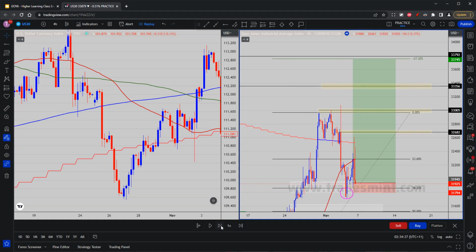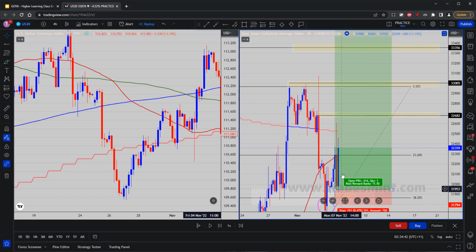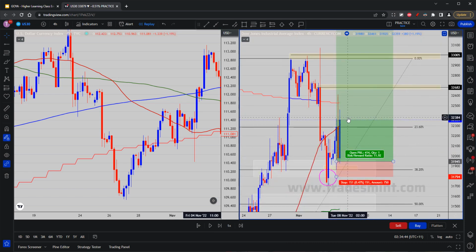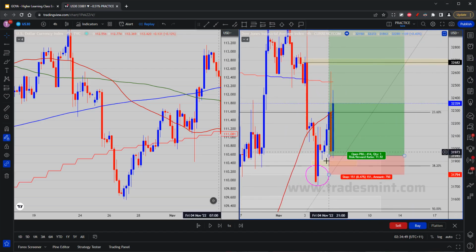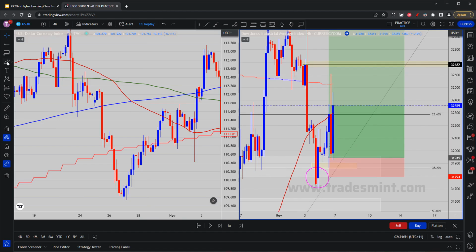So price comes back to the 61 to our entry point. Then we have another bullish reaction. So this is actually quite interesting, and we can learn a lot from these types of movement. So when we had the first reaction on the 38.2, the small 61.8 fib, and the market bounced back, some other group of institutional investors from other banks, other hedge funds, saw the same thing that we did, right?